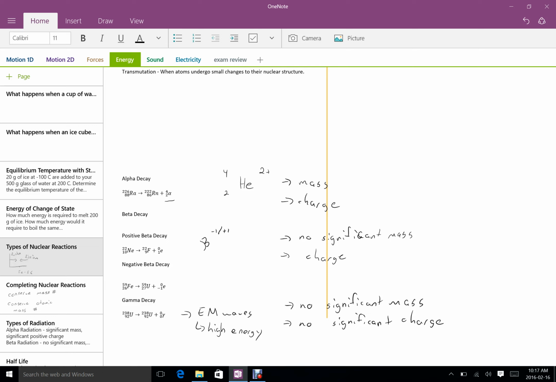Alpha decay, high mass, high charge particle comes out. Now we know that that alpha particle is called a helium atom. Beta decay, positive or negative electrons are emitted, the positive electrons being associated with the antimatter particle of an electron or a positron. And gamma decay, when high energy radiation is released with no significant mass and no significant charge.